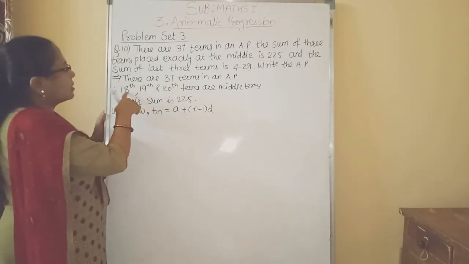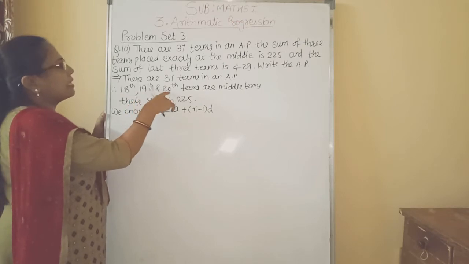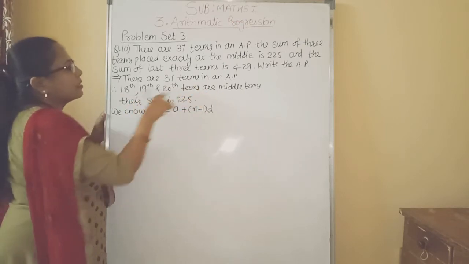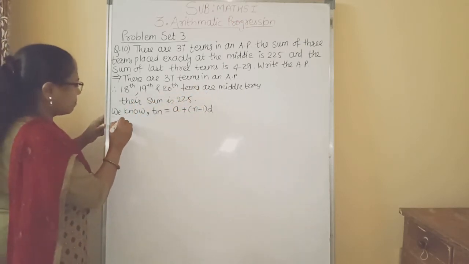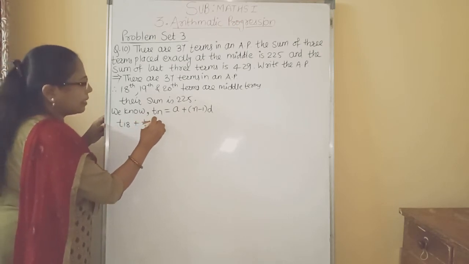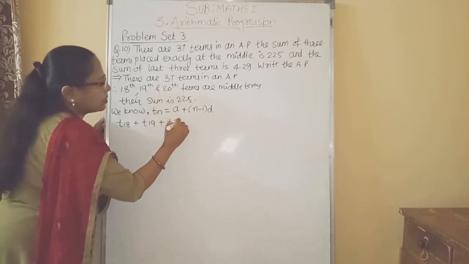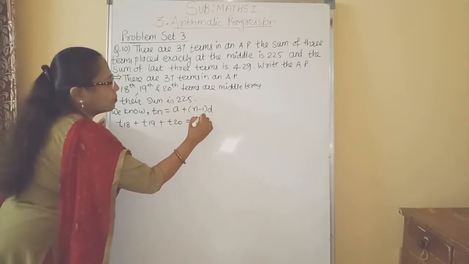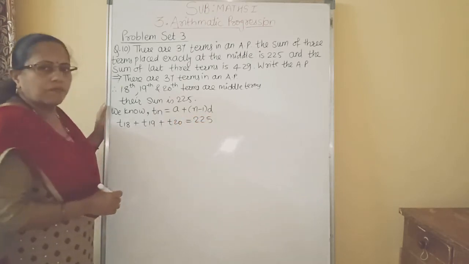Now the sum of 18th, 19th and 20th term is 225. That means T18 plus T19 plus T20 is equal to 225.